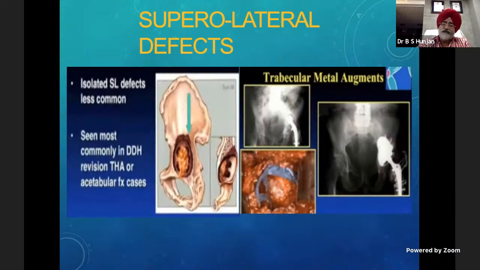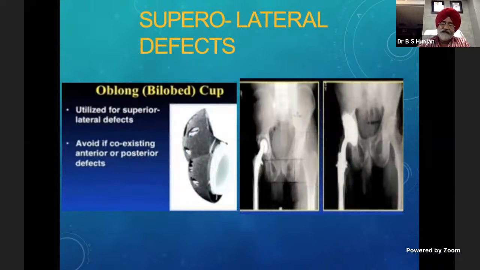Now, this is how we address them. Sometimes we have to put a bilobed cup. This is the bilobed cup. The upper lobe is put into the defect, and the lower lobe supports the cup for the THR.